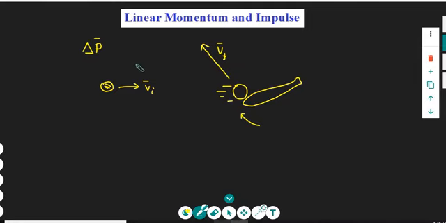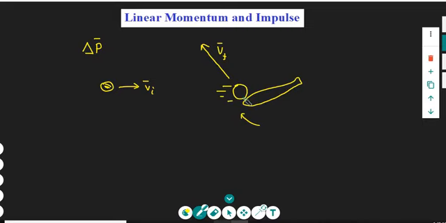So if there's a change in the linear momentum, that tells us there's a force acting during this collision between the two objects. There's a force acting during a very short time interval.